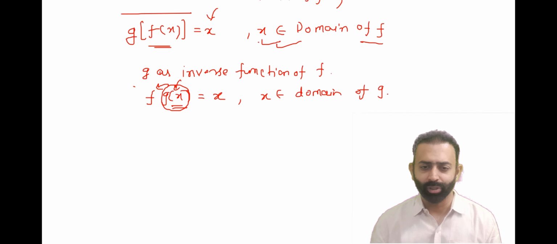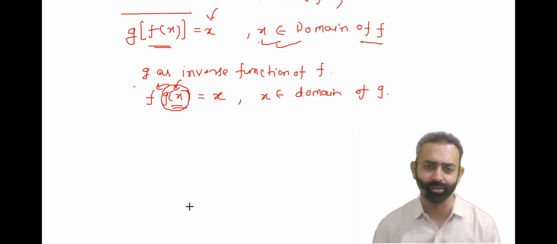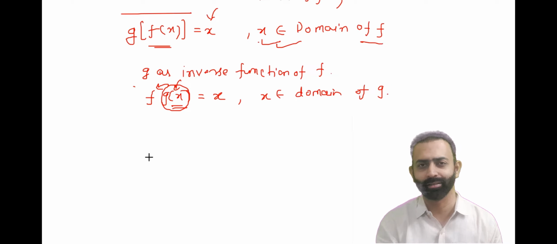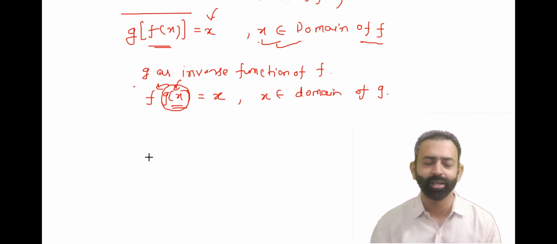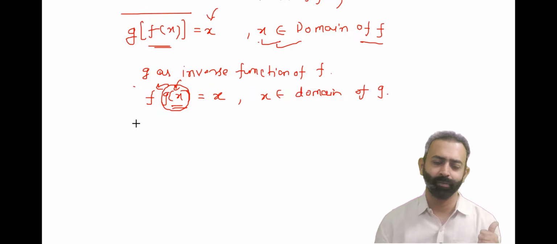We will come to that in a moment, but before that let us see how we write the notation of inverse function, right? Because not all g functions will be regarded as an inverse of f. There must be some inverse function notation associated with the function f(x), right?